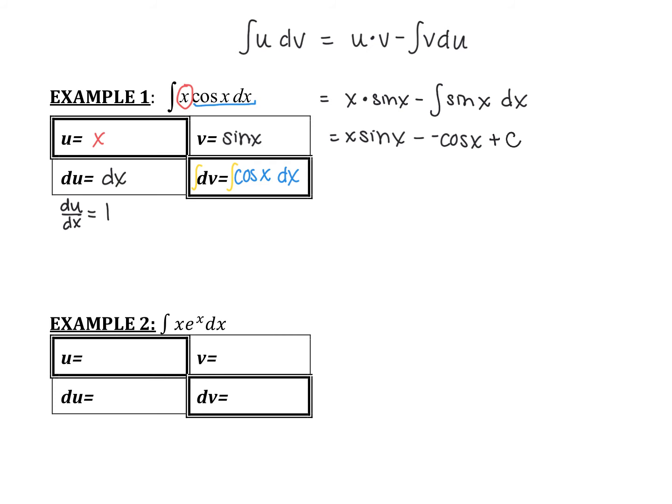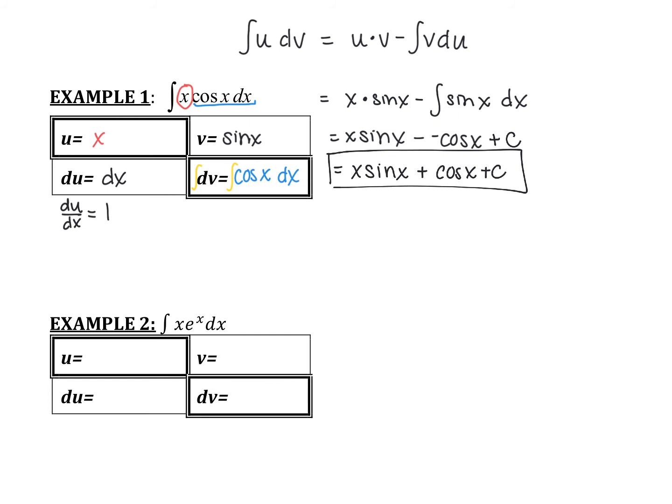We don't have bounds, so I need that plus c. So we get x sine of x plus cosine of x plus c. There is my antiderivative.